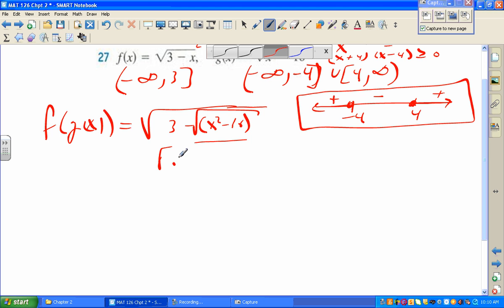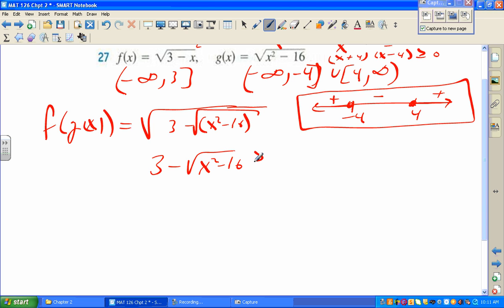Yeah. Oh, okay. So that means not only do you have the restriction for this radical, but the other restriction is that this square root has to be less than 3 also. Does that make sense? So 3 minus the square root of x squared minus 16 also has to be greater than or equal to 0.